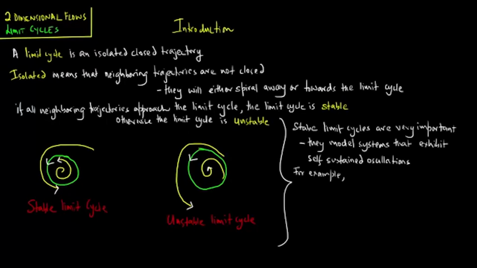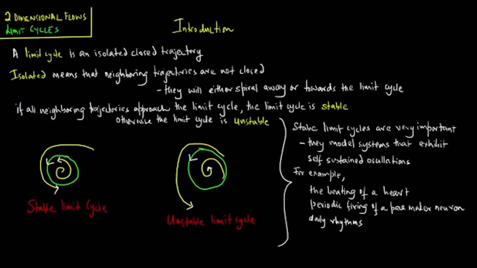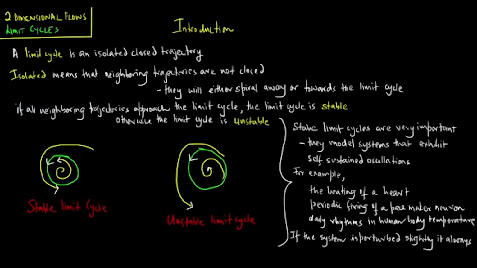For example, the beating of a heart, the periodic firing of a pacemaker neuron, or the daily rhythms in human body temperature. In essence, if the system is perturbed slightly, it always returns to the standard cycle.